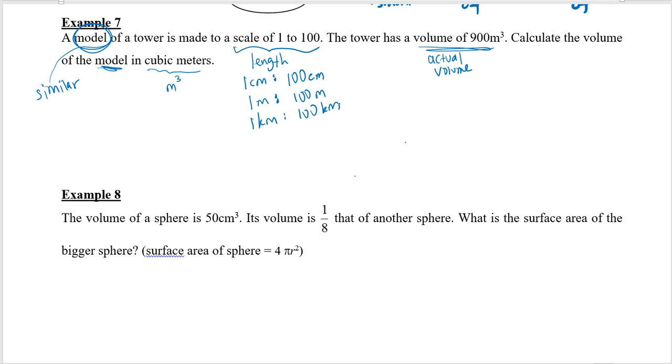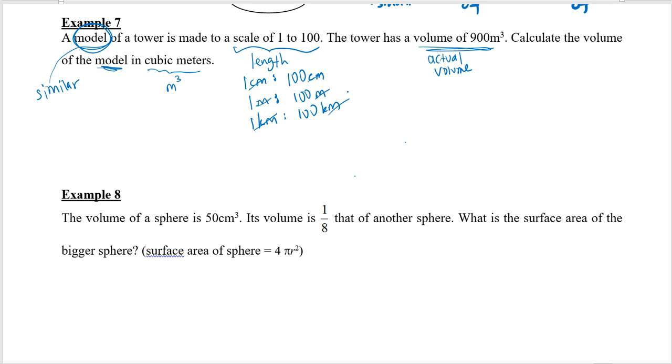So the units are not given in the scale ratio, because it can actually be any unit that you want. As long as they are the same units, you can see it as they divide each other, and therefore all you're left with is 1 is to 100.